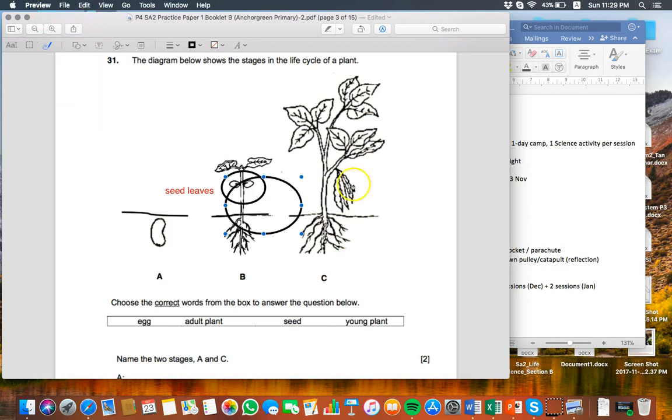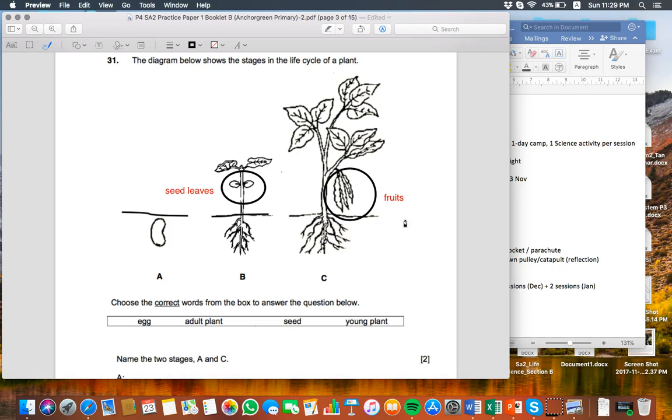You can see this part here. Oh, sorry. And these are called the fruits. When you see fruits, what are inside the fruits? Seeds, right?